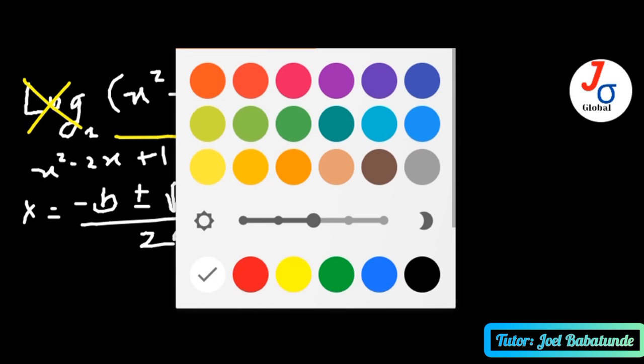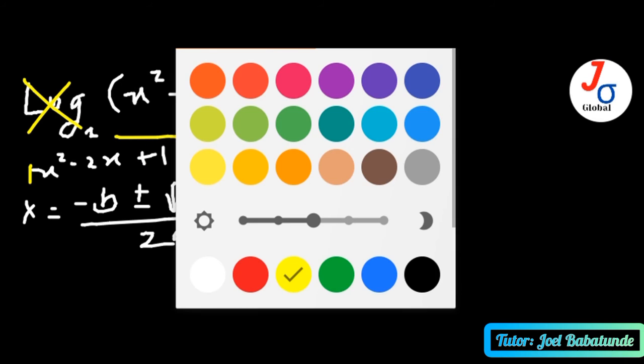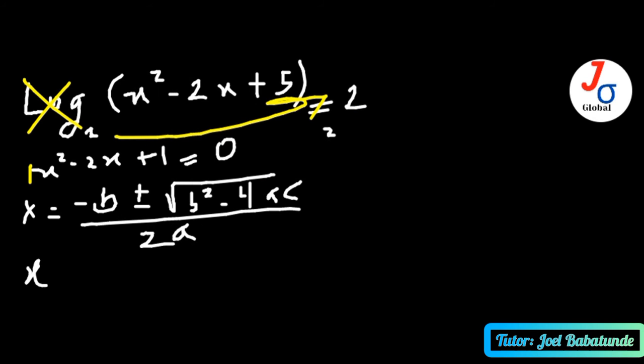So basically, there's an invisible 1 here, which is our a, and minus 2 is our b, and plus 1 is our c.